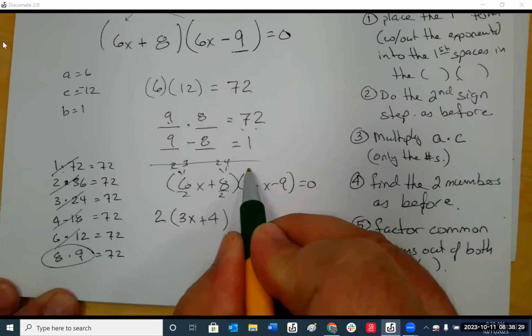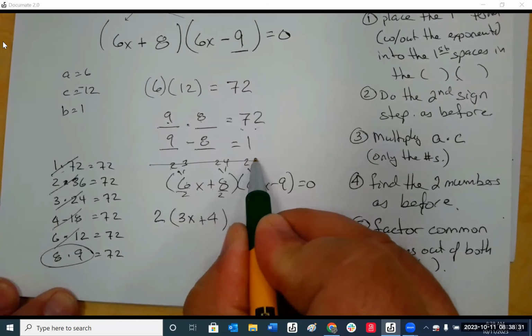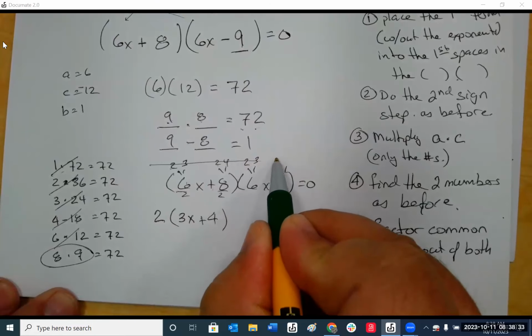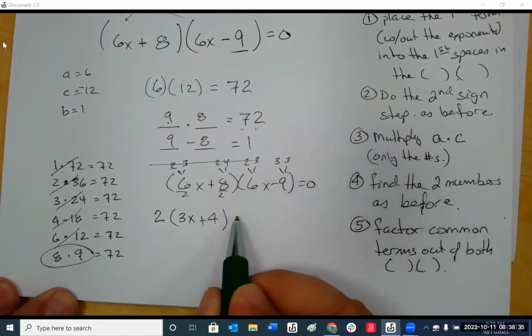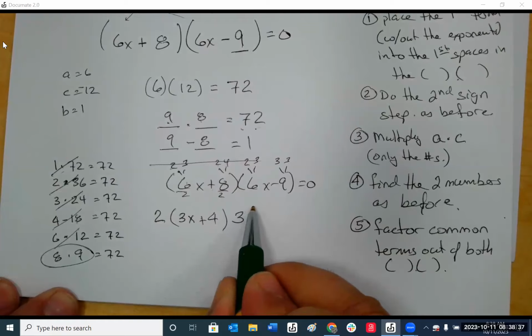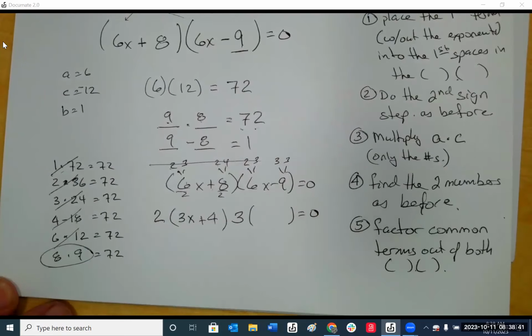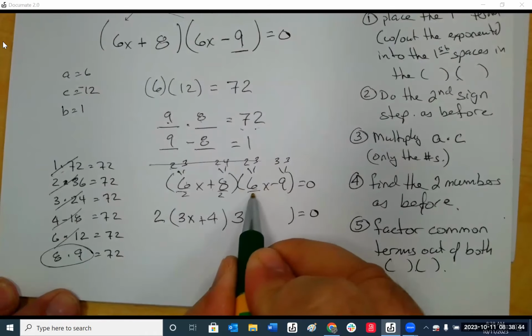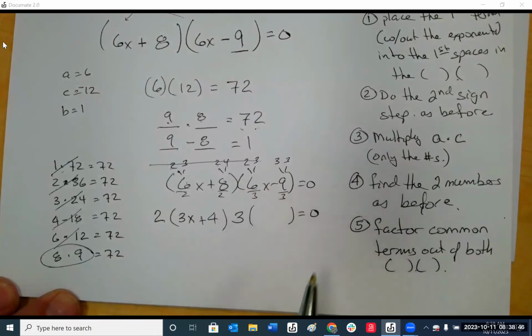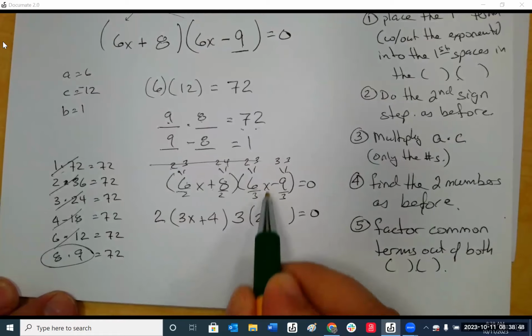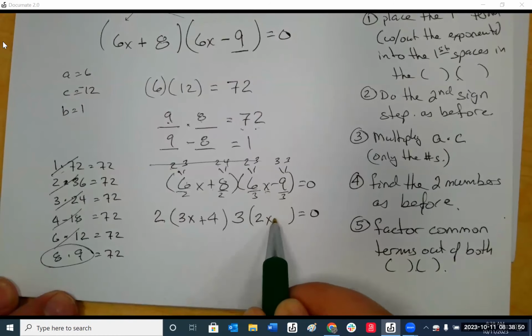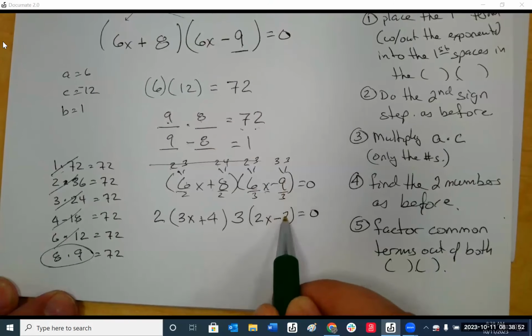Same thing with the second one. What makes up 6? 2 times 3. What makes up 9? 3 times 3. So I can take out a 3. So 6 divided by 3 and 9 divided by 3. 6 divided by 3 is 2x minus 9 divided by 3 is 3.